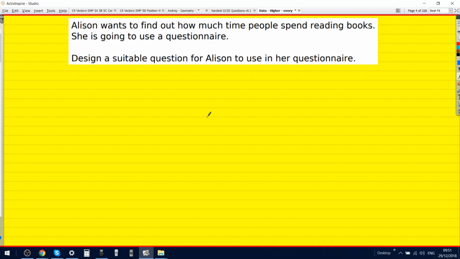So if you just said something like, how often do you read books a week, and then on average, how often do you read books a week? And then if you had 0 hours, and then 1 to 3, 4 to 6, and then 7 or more. So I'd say how many hours do you read per week?